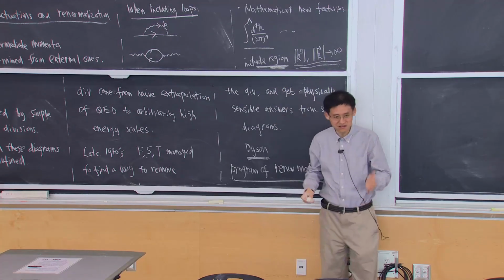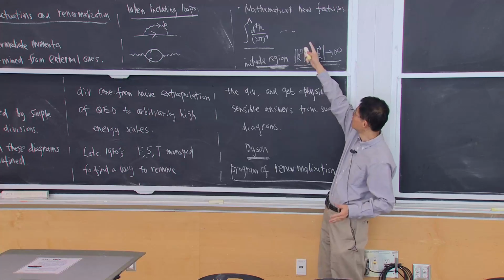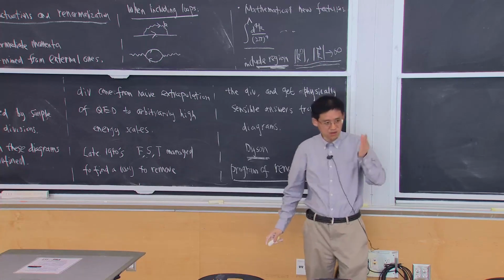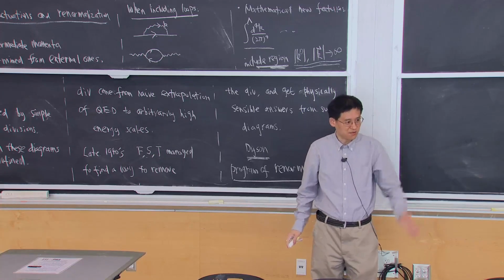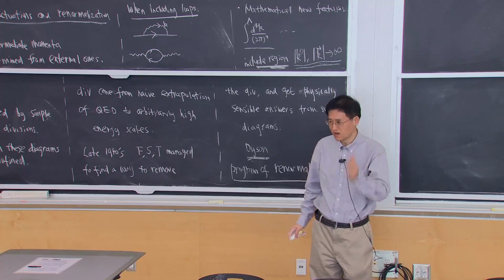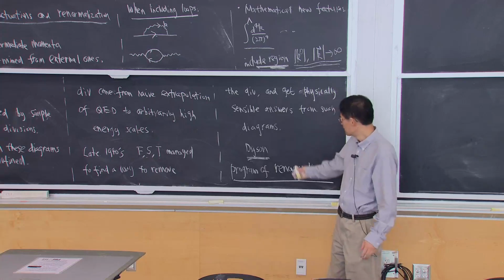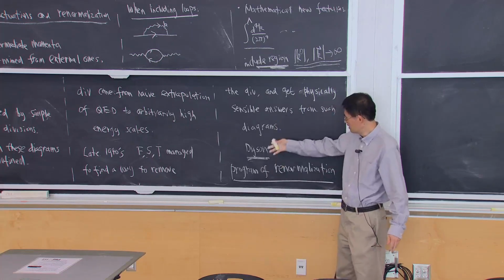He calculated the correction to the magnetic moment of the electron, and that agreed very well with experiments. So that was a triumph at the time. The experiment verified their success.